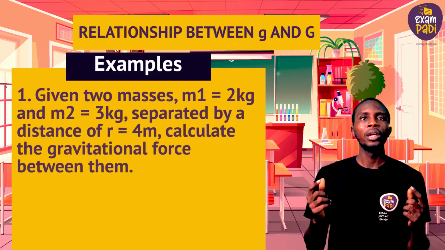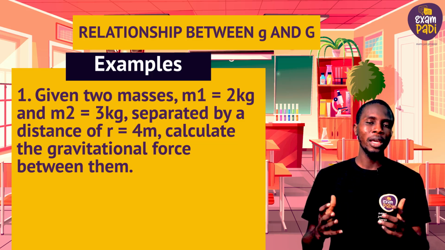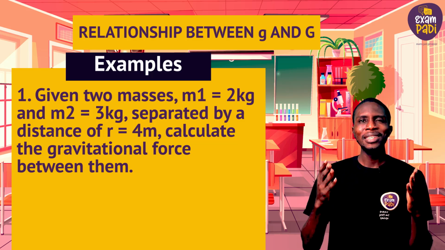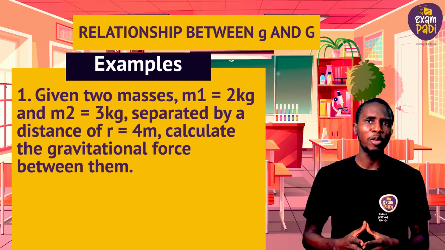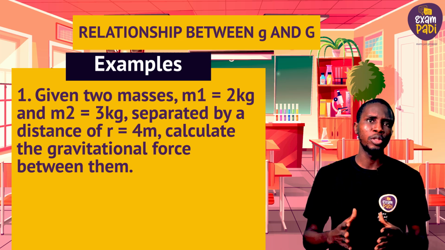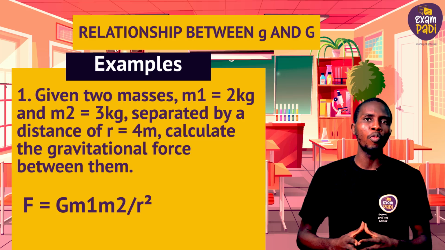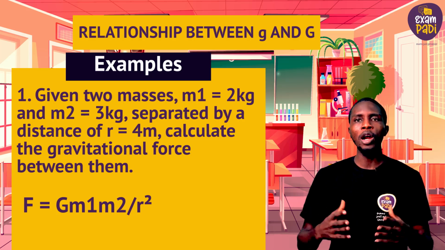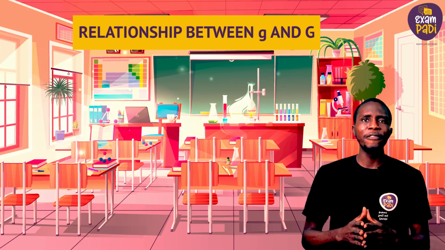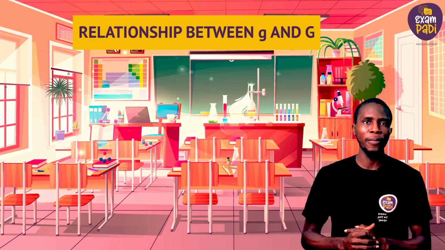Let's solve simple problems related to gravitational field. Example 1. Given two masses, m1 equals 2 kg and m2 equals 3 kg, separated by a distance of r equals 4 meters, calculate the gravitational force between them. Using the formula F = Gm1m2/r², the gravitational force F between two masses is given by Newton's law of gravitation.